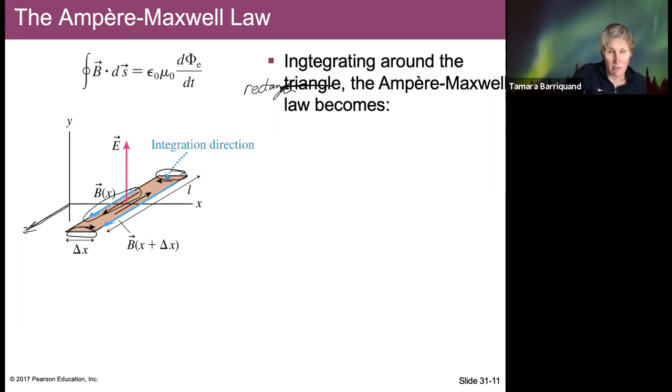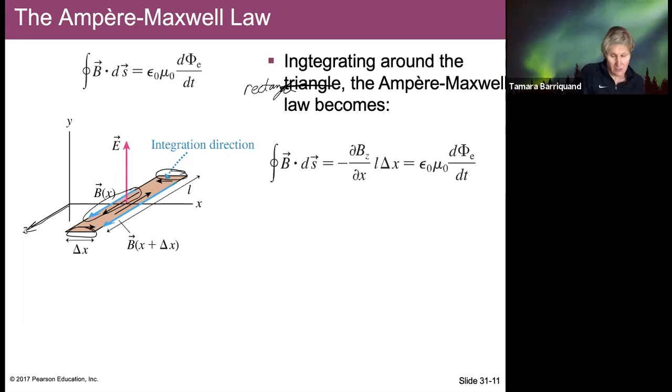So when we integrate, we're going to have the partial derivative of B sub z with respect to x times the area of the rectangle, which is L times delta x. And that will be equal to the right side of our equation, epsilon naught mu naught d phi sub E dt.